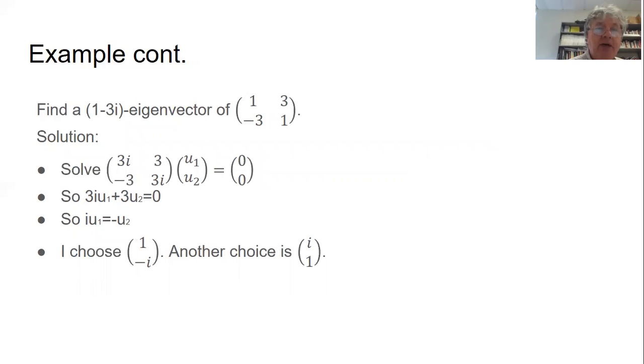And for the other eigenvector, we subtract 1 minus 3i from the main diagonal. And you see that the second row now is i times the first row. We get the condition 3i u1 plus 3u2 equals 0, which simplifies to i u1 equals minus u2.